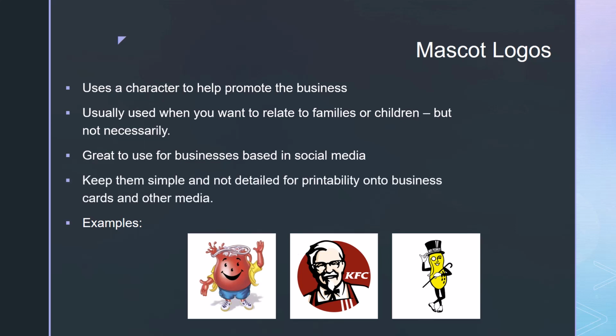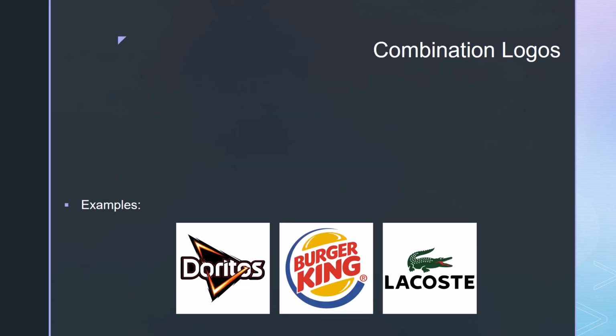You definitely want to keep your mascot logos simple and not detailed because you want to be able to print these easily onto business cards and other types of media, so keep them simple. For the most part, we don't use mascots in interior design or architecture fields unless you're specializing in perhaps children's designs or family type designs.